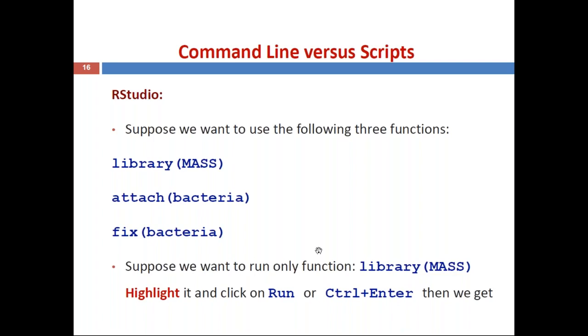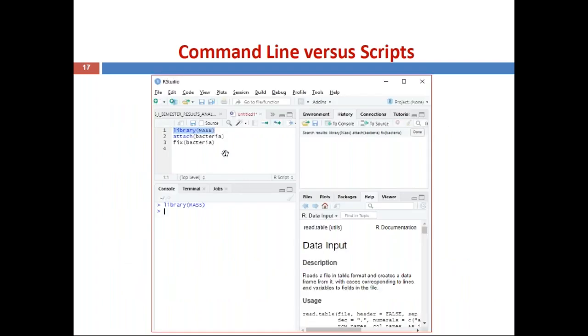Just now we discussed that similar multiple commands can be executed in option 1 using the R GUI editor. There you have to enter Control plus R. Whereas in RStudio, you simply click on run, there is a run button, or press Control plus Enter. Then you will get the result. See here, I typed the 3 functions in script window 1.